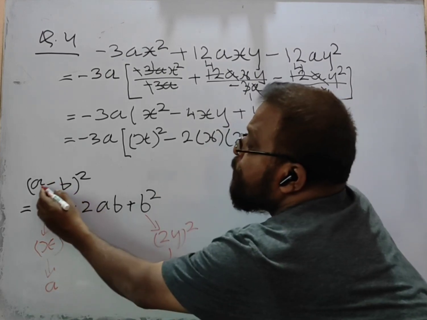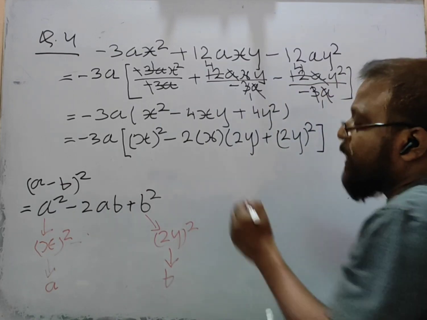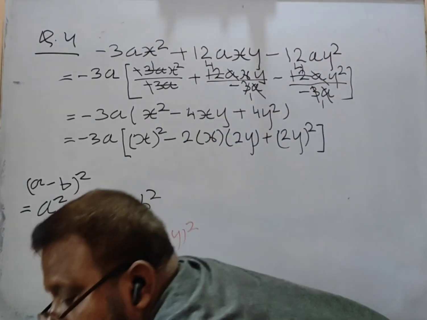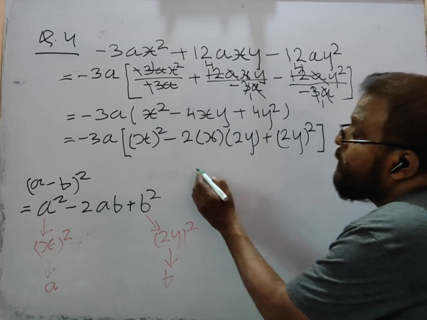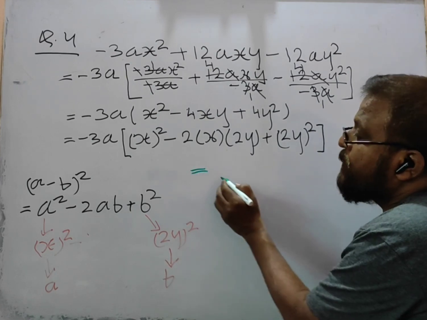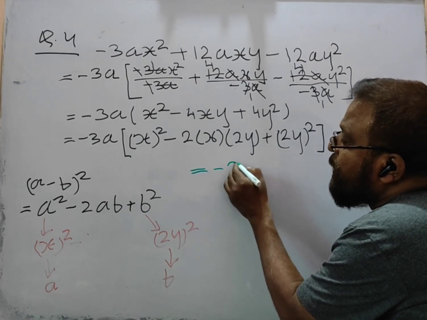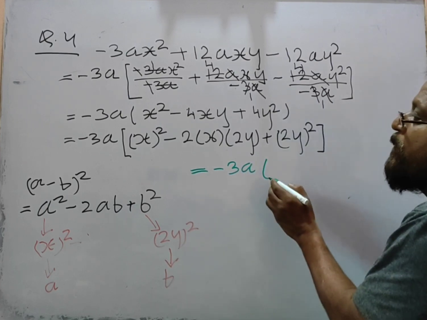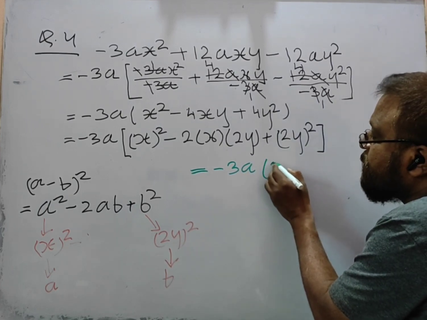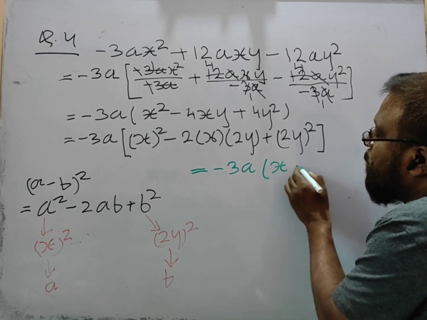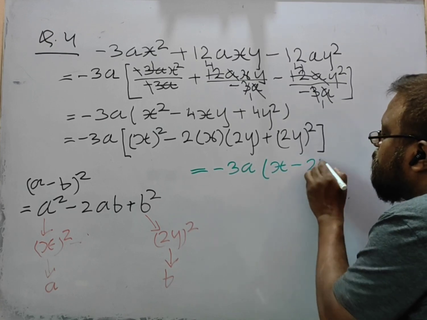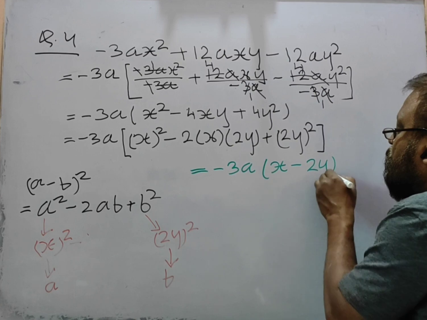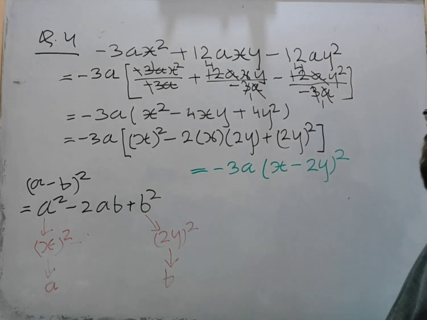When we put it here, then your answer will be minus 3a bracket x minus 2y whole square. Getting?